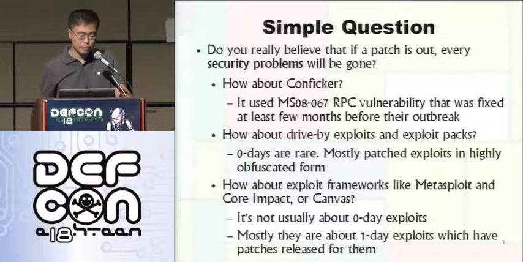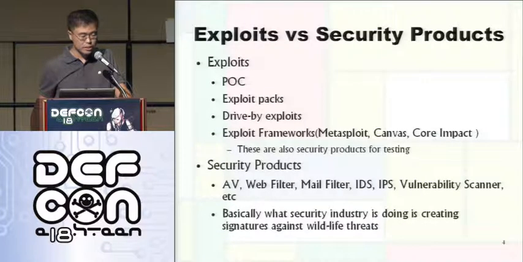And how about Metasploit and Core Impact and Canvas? The exploit frameworks are usually not about the 0 days. They are about the exploits for vulnerabilities that usually have patches, or they gather the information from POC code actually. So let's talk about exploits and security products. By exploits, I'm talking about the POC and exploit packs and drive-by exploits and exploit frameworks like Metasploit, Canvas, and Core Impact.